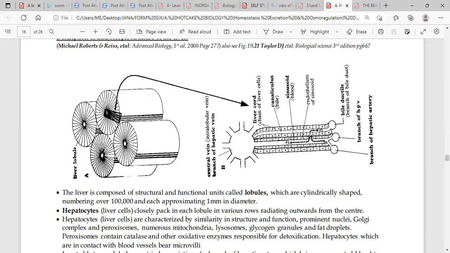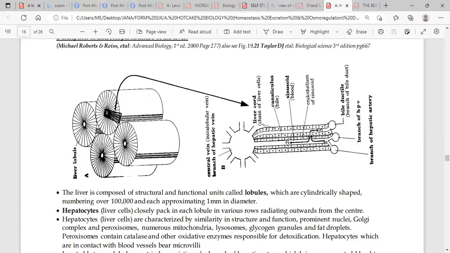They possess prominent nuclei with the Golgi complex, and the peroxisomes with numerous mitochondria, the lysosomes, glycogen granules, and fat droplets.